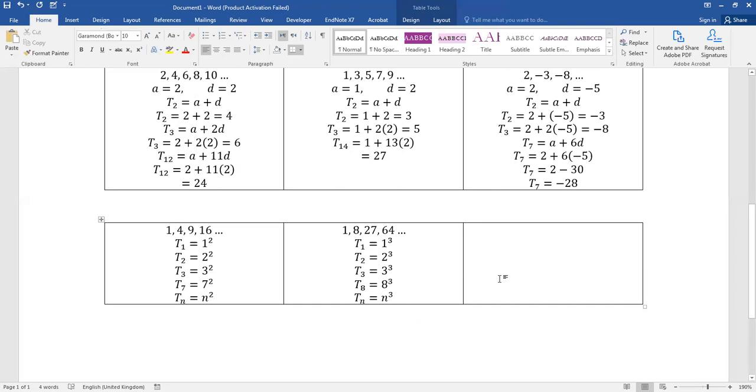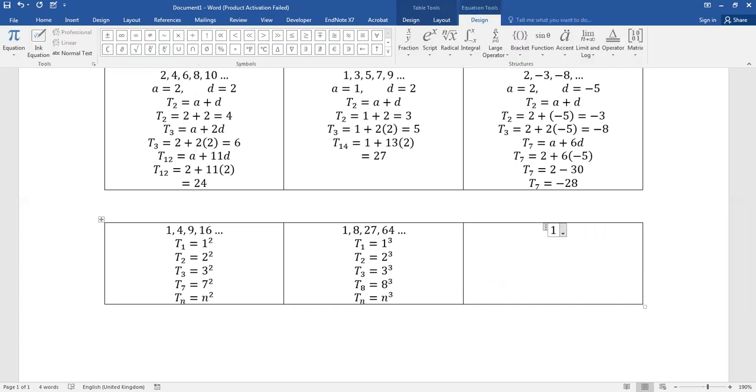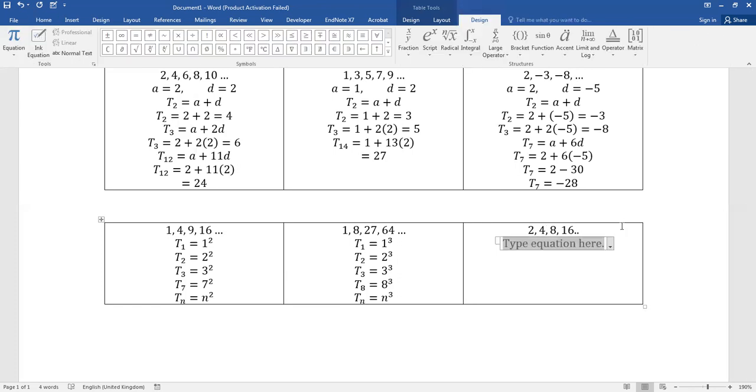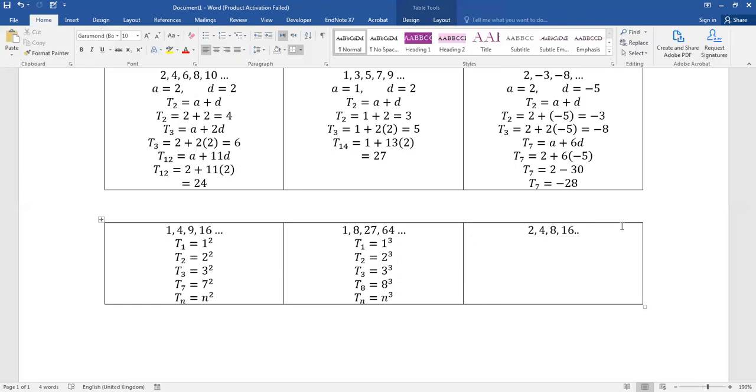Let's look at another common example: 1, 2, 4, 8, 16, and so on. Now what do you see in this one? These are neither square numbers nor cube numbers. But yes, they are powers of 2.